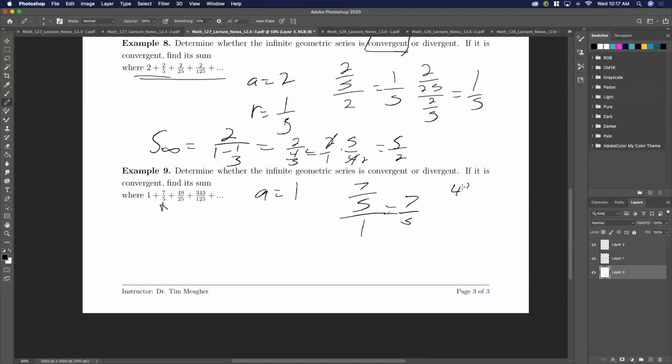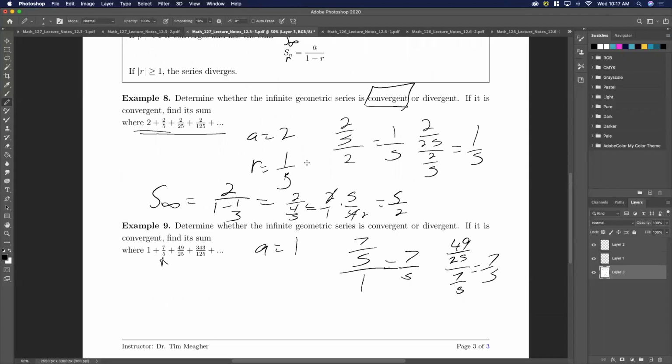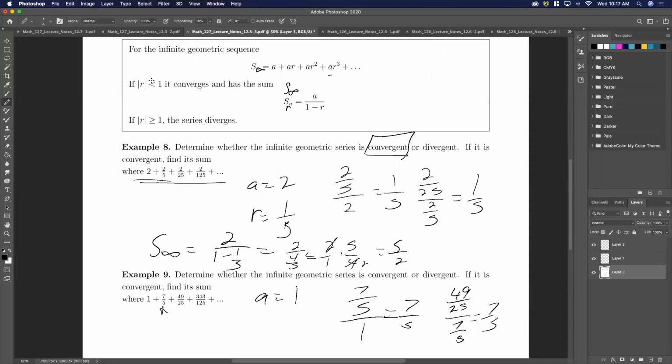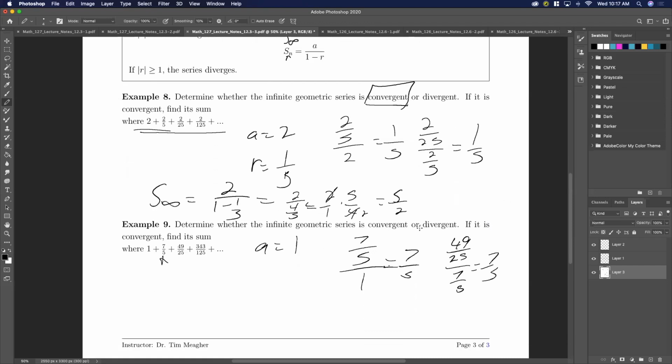But just to check it, you can do 49 twenty-fifths over 7/5, and you're going to get 7/5. Now, is the absolute value of 7/5 less than 1 or greater than 1? It's greater. So we say this one's divergent, and we're done. You can't find its sum. And that's it.